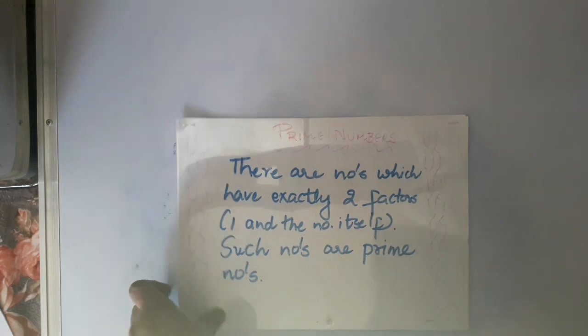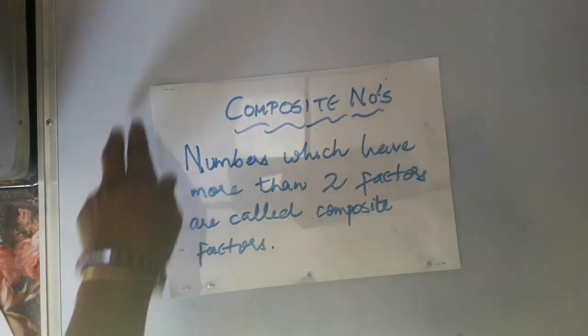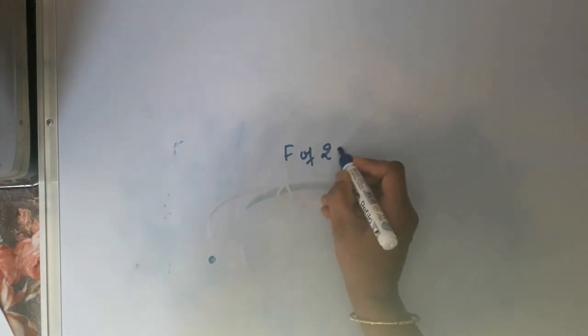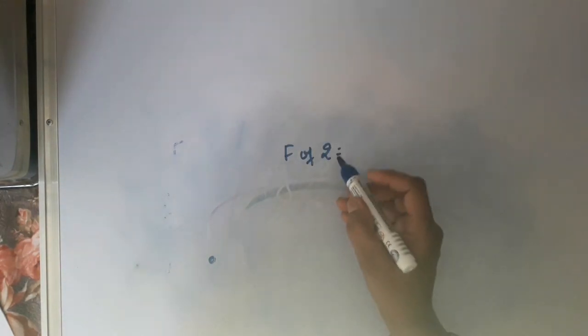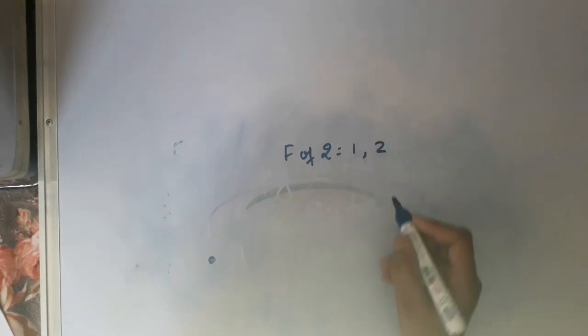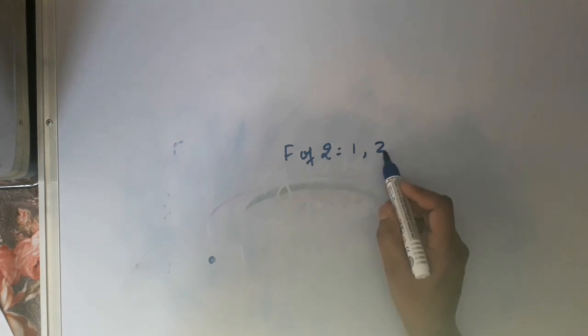Suppose we think of the number 2. If I want to find the factors of 2, then 2 comes in which table? 1 and 2. 1 and the number itself. So 2 is a prime number.